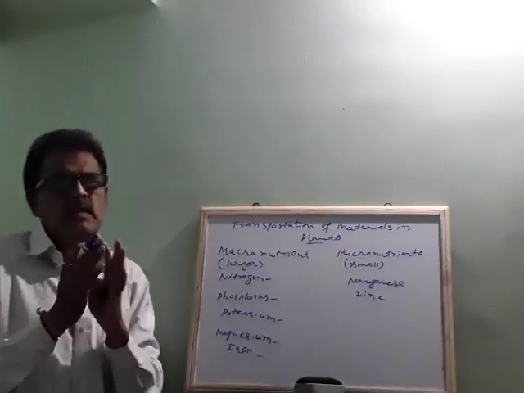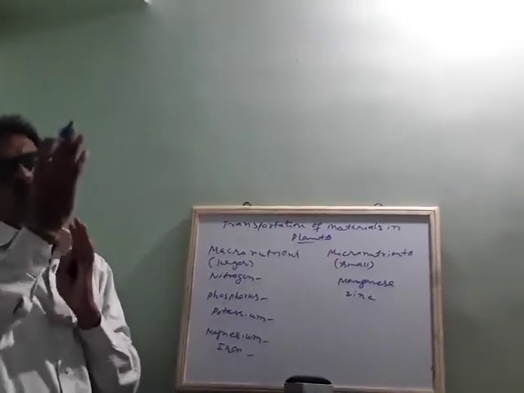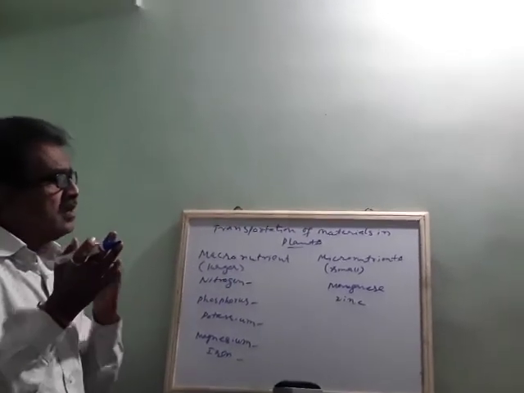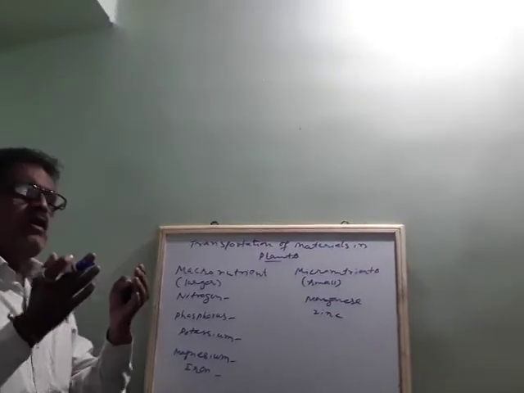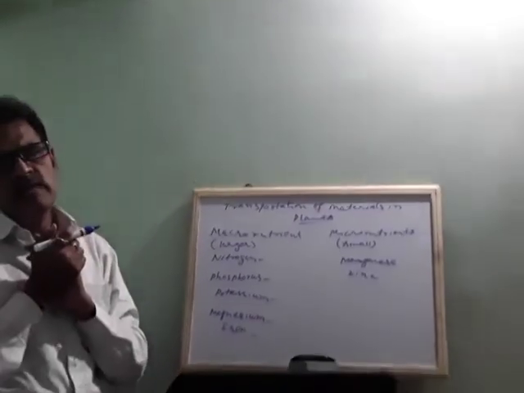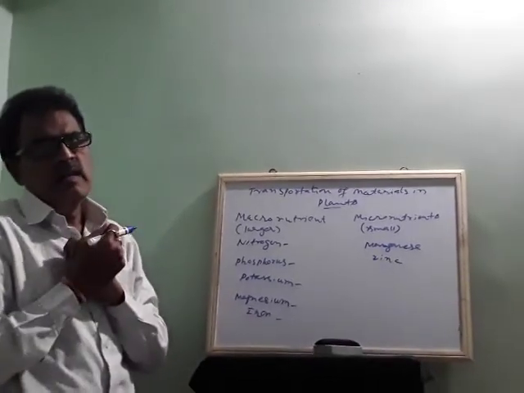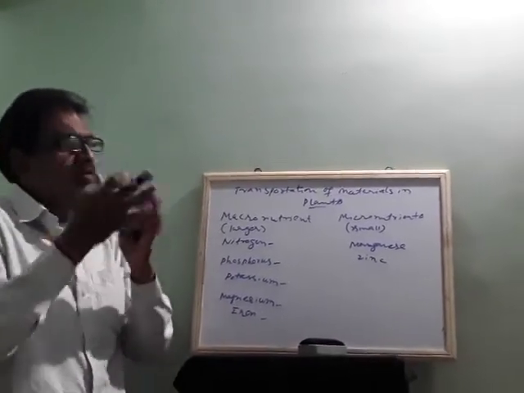Nitrogen in the atmosphere is 78%. But this cannot be directly absorbed by the plants. It should be in dissolved form, what we call soluble form.